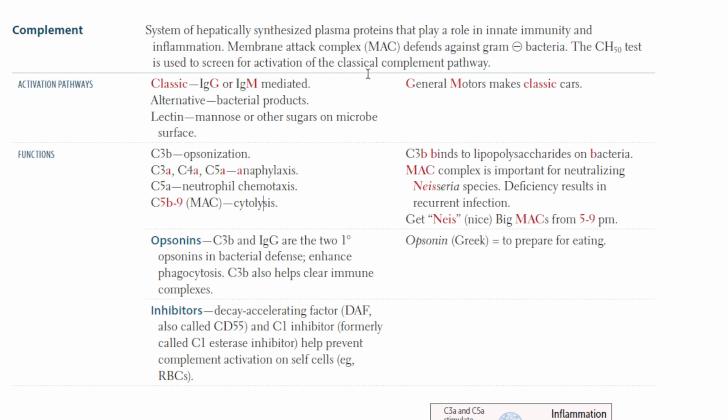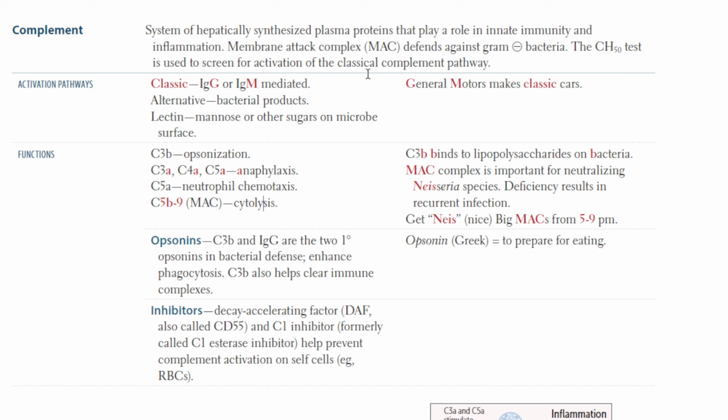The mnemonic for this is: get a nice Big Mac from 5 to 9 p.m. You're going to gain a lot of weight if you eat a Big Mac every afternoon from 5 to 9.